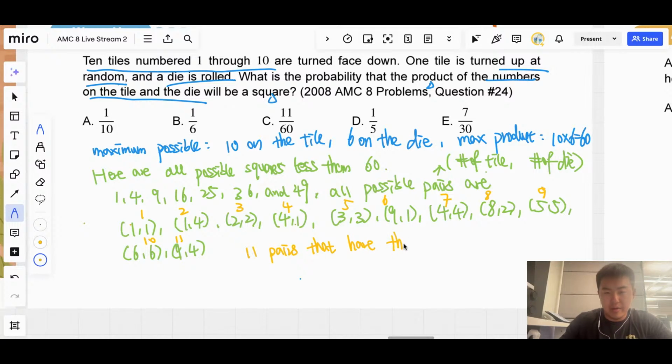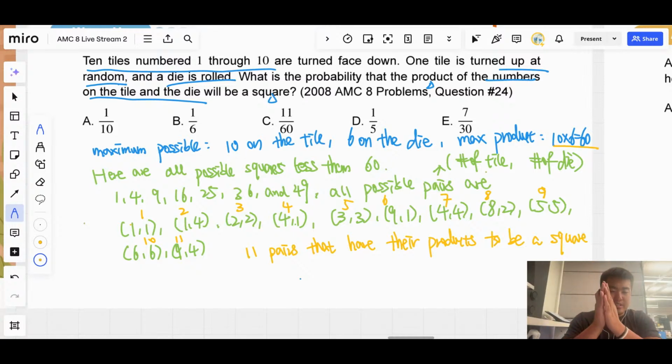Okay, good. So what are the total possible cases we can have? That's easy, right? That's 60. You already have it here. Although it's called maximum product, but also think about it.